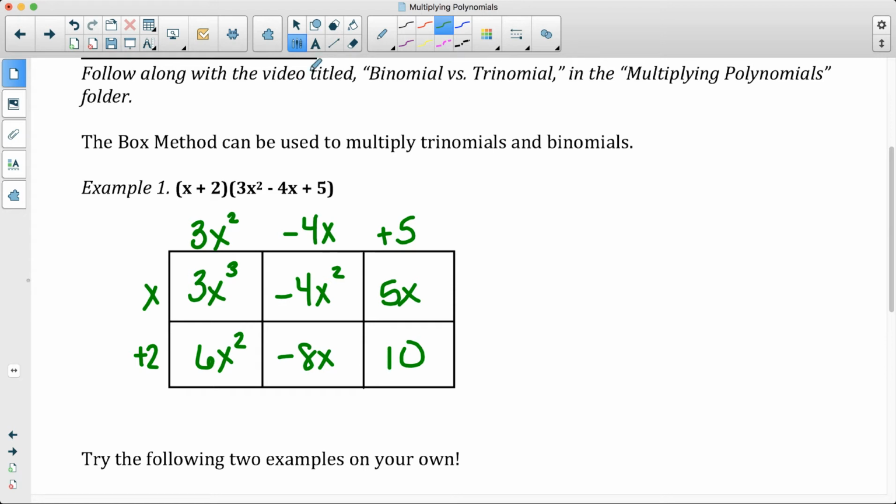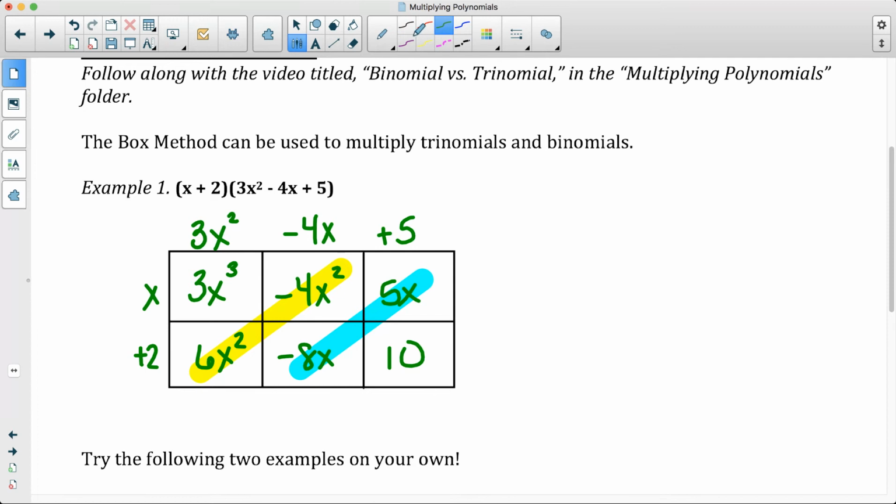So let's look here because we have some like terms that we can go ahead and combine. So I've got 6x to the second and negative 4x to the second, and I also have negative 8x and 5x. So those are the 2 sets of like terms that I can combine. The 3x to the third doesn't have a like term, and the 10 doesn't have a like term.